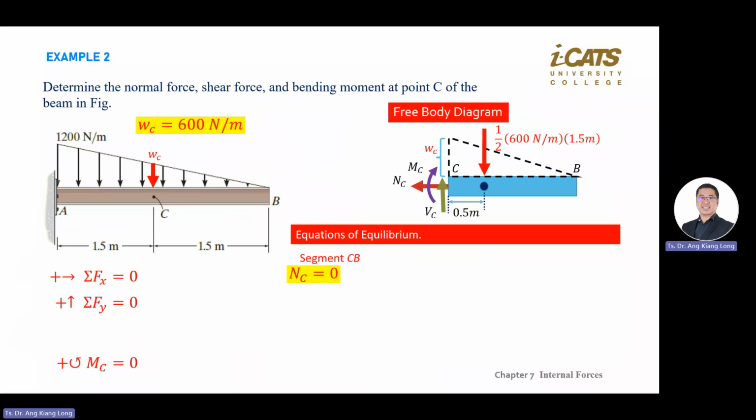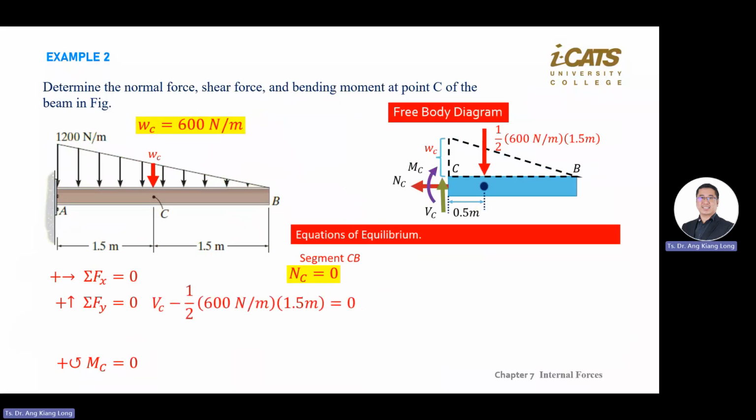Don't get tricked by the distributed load. Always convert the load into a focus load. Then solve it like a normal focus load problem. If you see a distributed load and the final exam doesn't give you the appendix, you can raise your hand and ask for the appendix. Because we don't expect you to memorize that one.